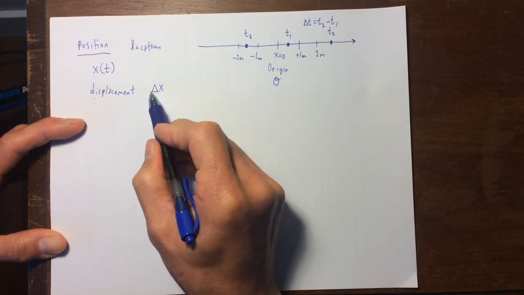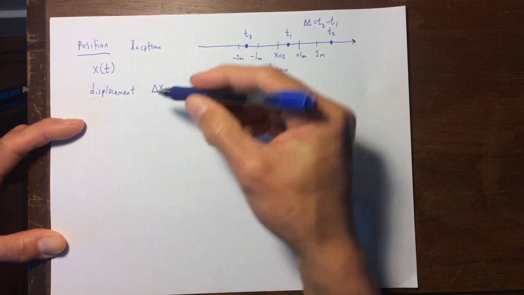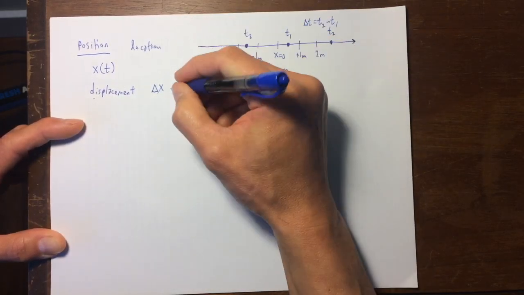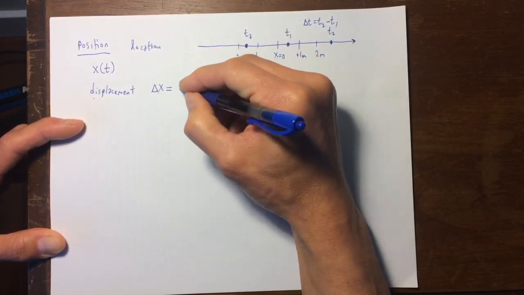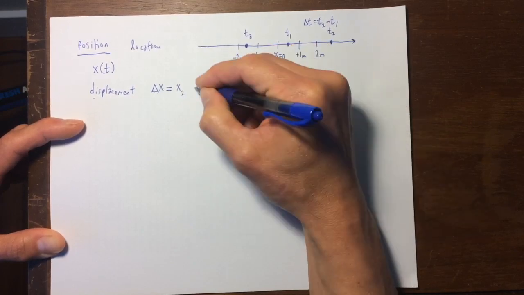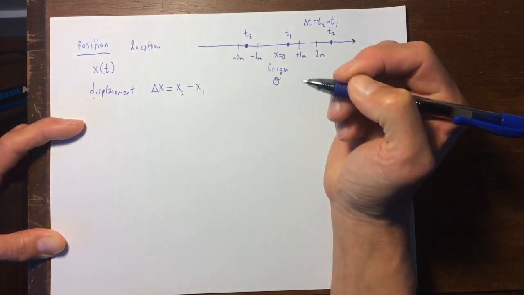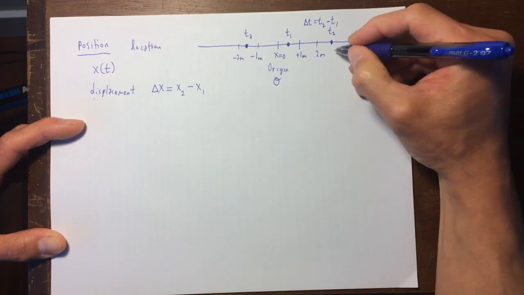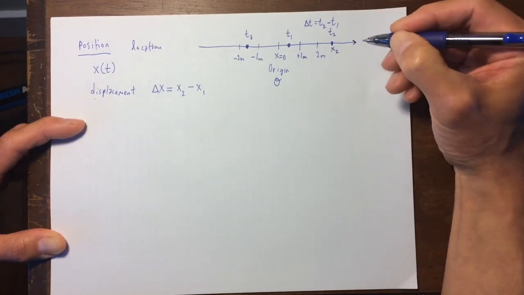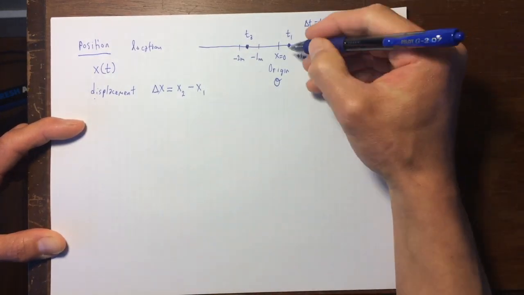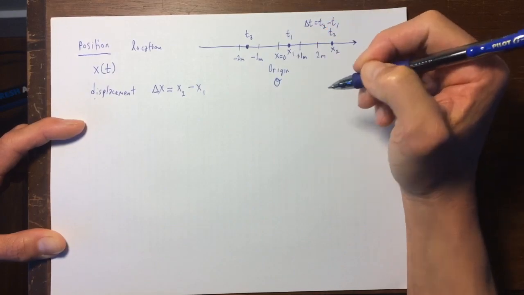So that big capital triangle, delta, just means that it's the difference between two positions. So it could be written this way, x2 minus x1. Maybe this position here is the x2 position, and this position here is the x1 position.